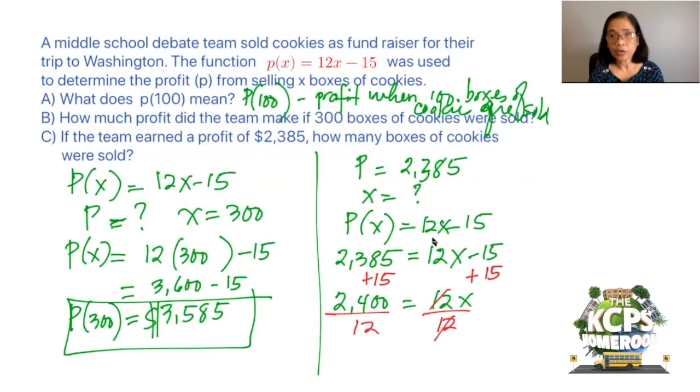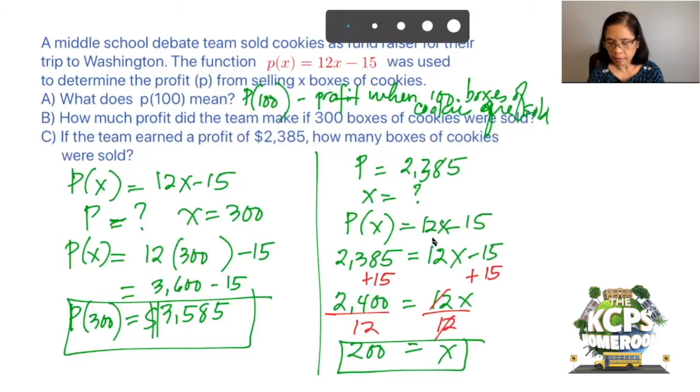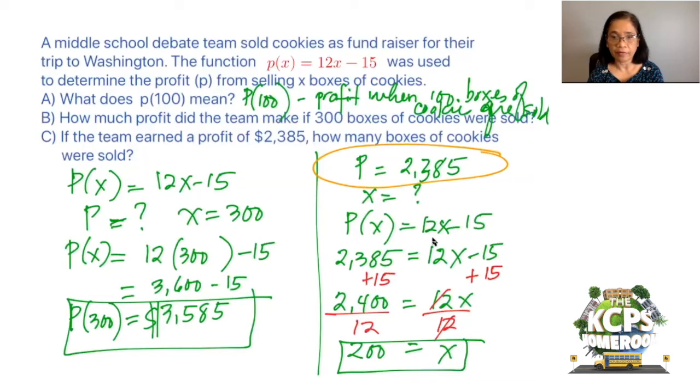This cancels out, 12 over 12 is 1 times x will be x. And 2,400 divided by 12 is equal to 200. Our interpretation, so when x is 200, that means the profit earned by this team is 2,385.